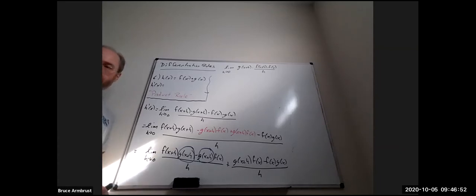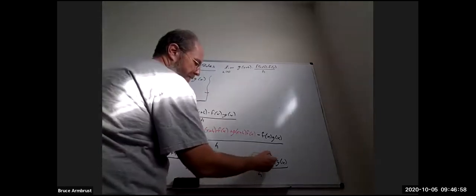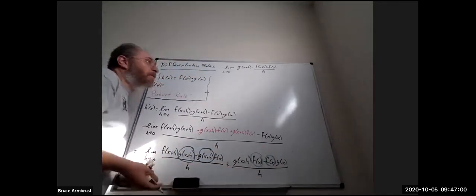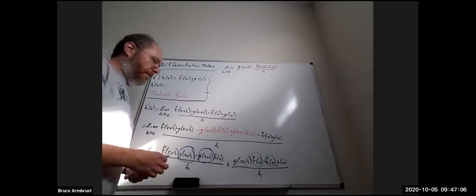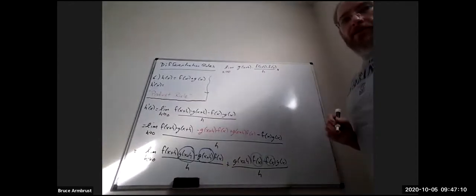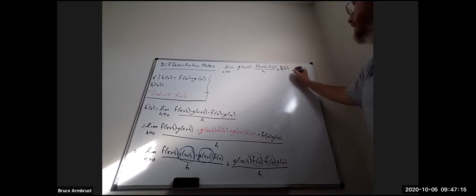With the second piece, I also have something that I can factor out. I've got an f of x. So let's factor that thing out. All right, so I'm just going to run over here. I'm going to get f of x times g of x plus h minus g of x all over h.